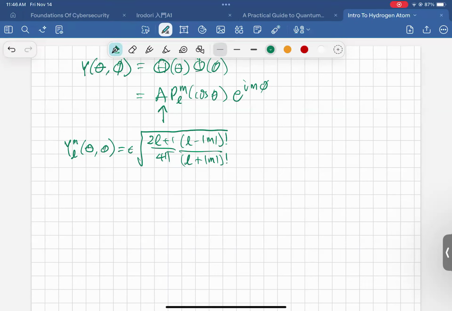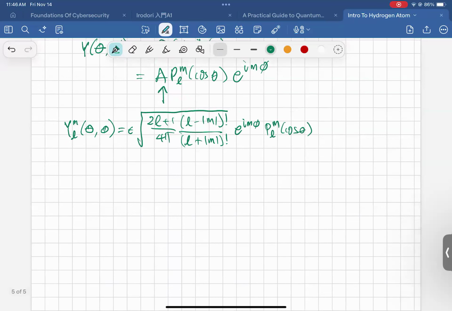Okay, and then exponential i m phi, and then yung P sub L m of cosine theta. Okay, na kung saan itong epsilon is -1 to the m for m greater than or equal to 0, and it is just equal to 1, okay, for m less than or equal to 0.